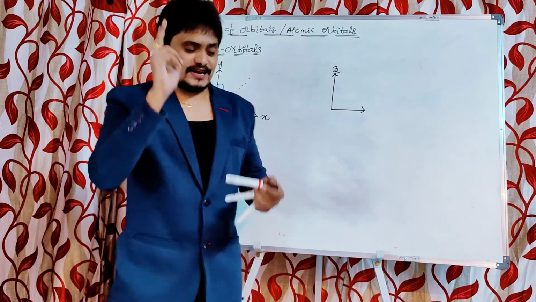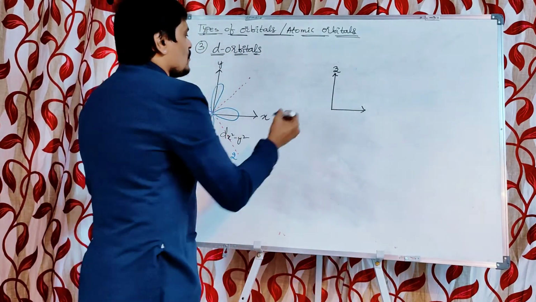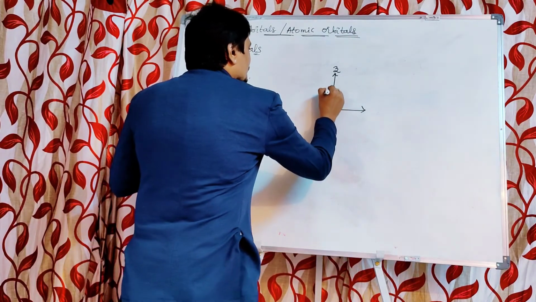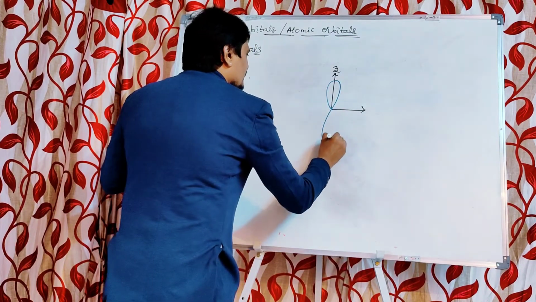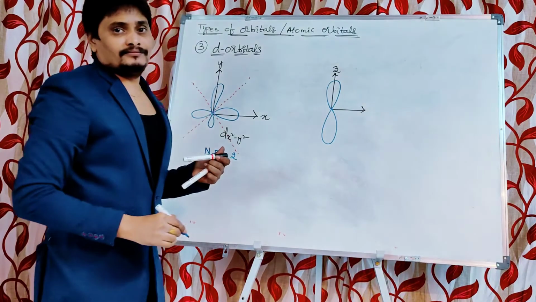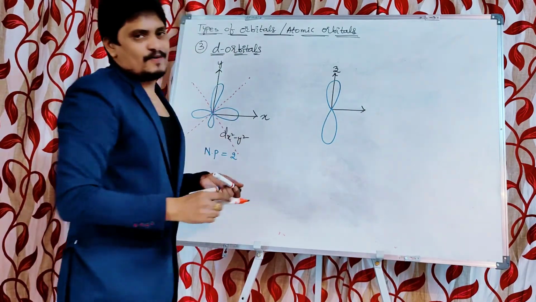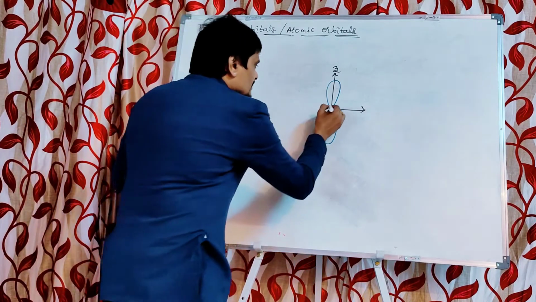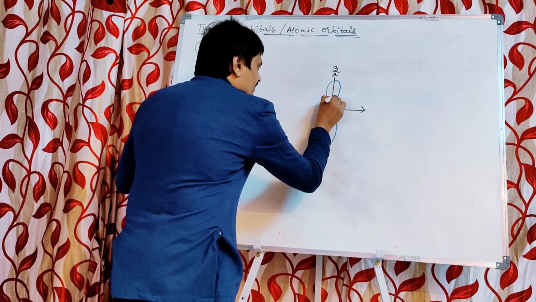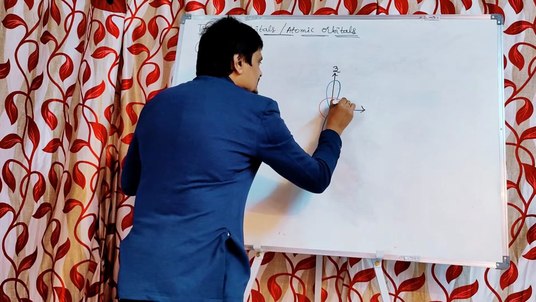So one lobe of dz square is here, and now coming to the second lobe, it will be like this, students.